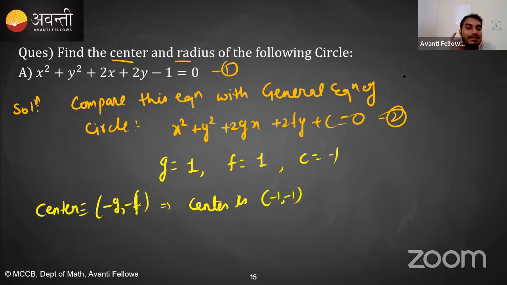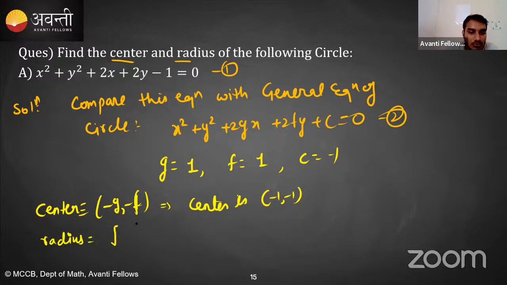Okay, that's why -half coefficient of x comma -half coefficient of y, after making coefficient of x square and coefficient of y square 1. Okay, now radius. What is radius?